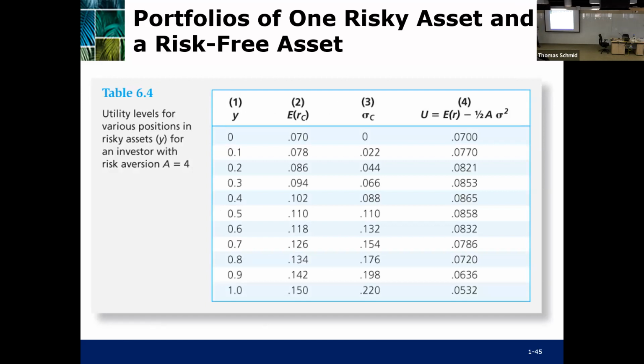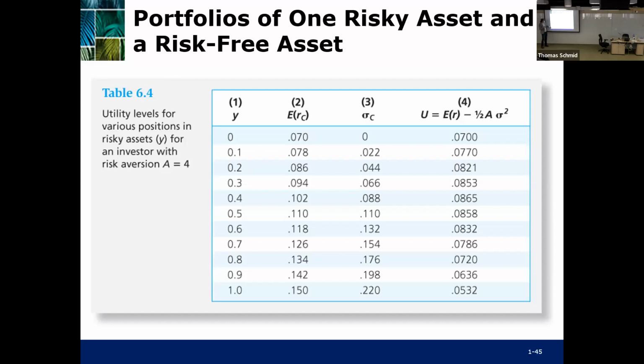So instead of finding the first derivative and setting it to 0, there could be another way to identify the optimal complete portfolio. And this other way is just brute force calculating utilities. So you need to know your level of risk aversion, let's say it's 4.